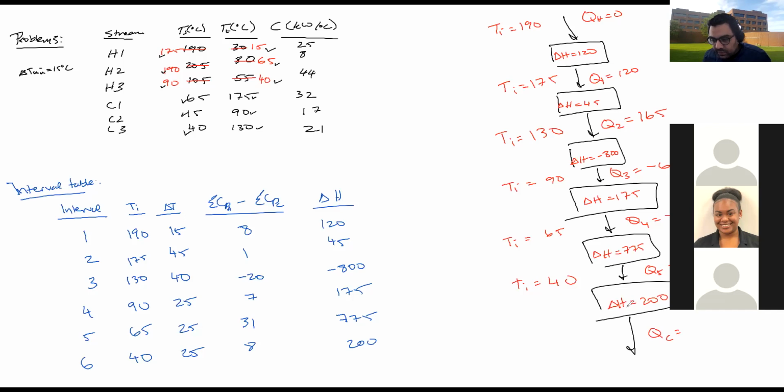And finally my QC will be 315 plus 200, which is 515. Hopefully we didn't make any arithmetic errors here.